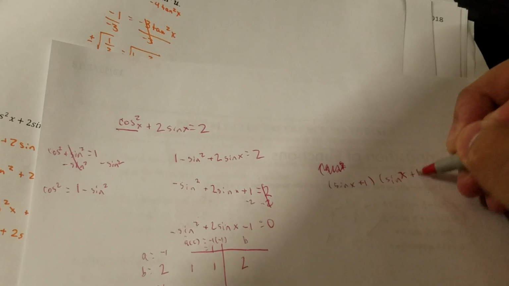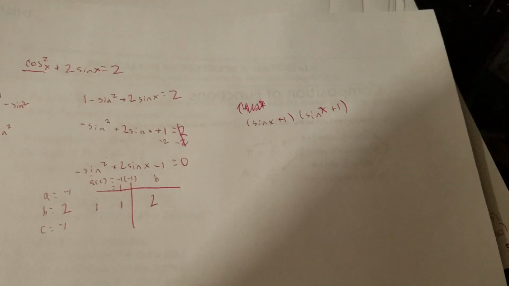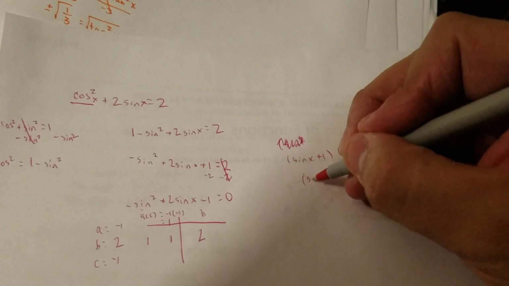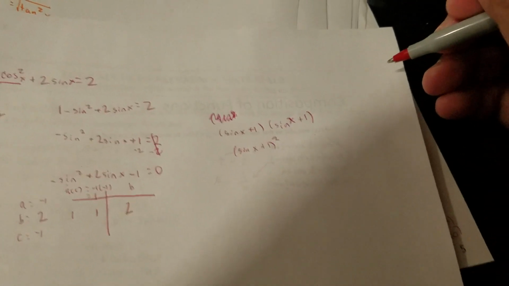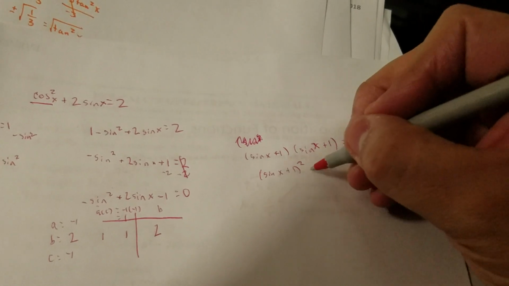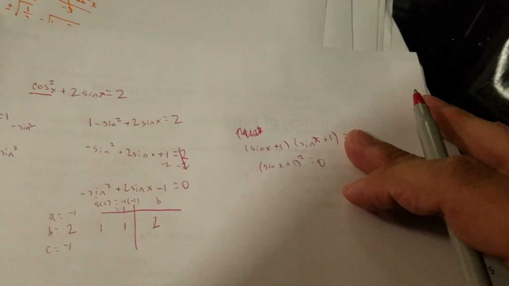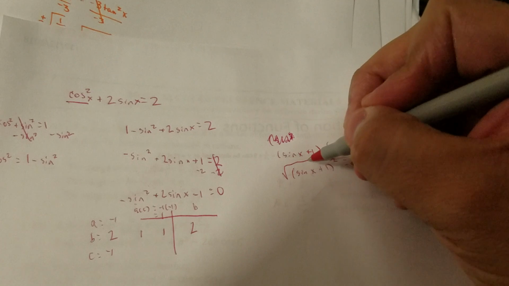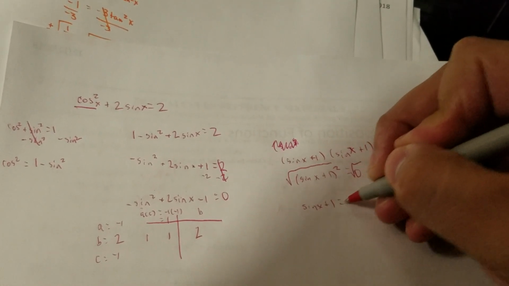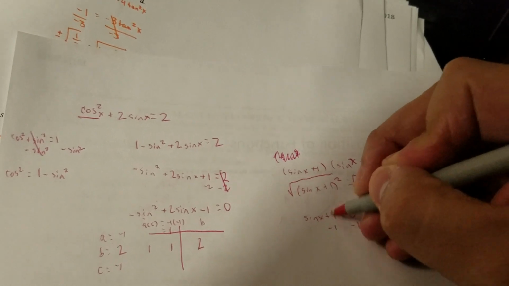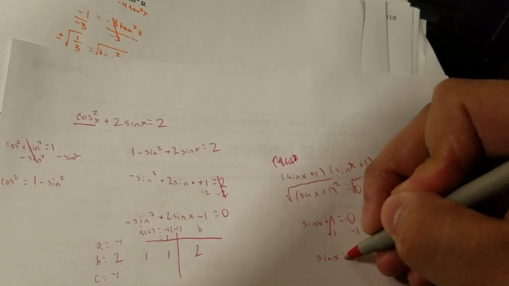Since they're the same, I could say that this is sine x plus 1 squared equals 0. So if I were to solve for this, guys, I'm going to square root it. So sine x plus 1 equals 0. Subtract 1, subtract 1. Sine x equals -1.